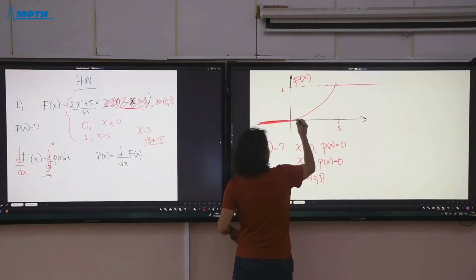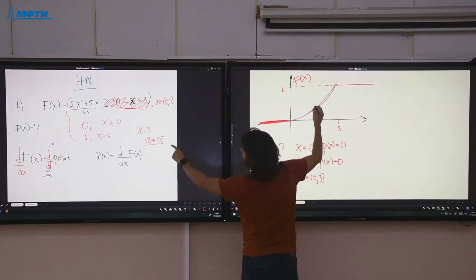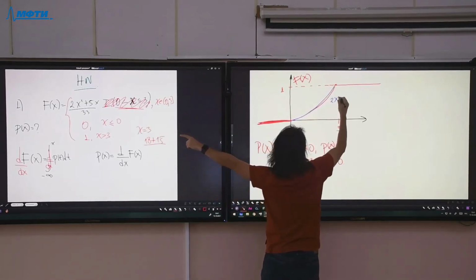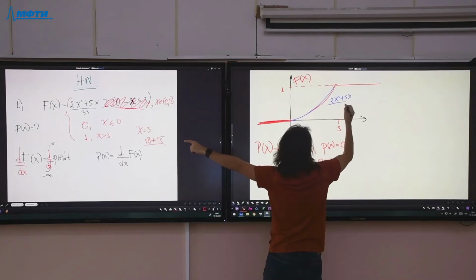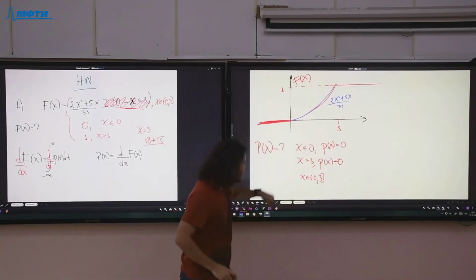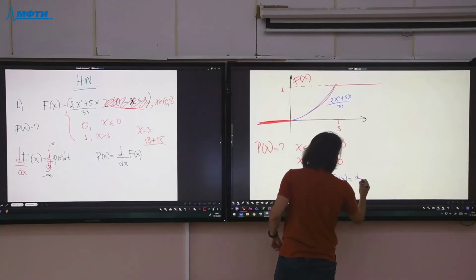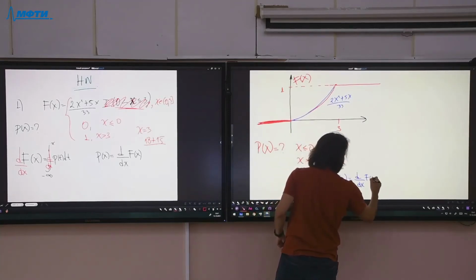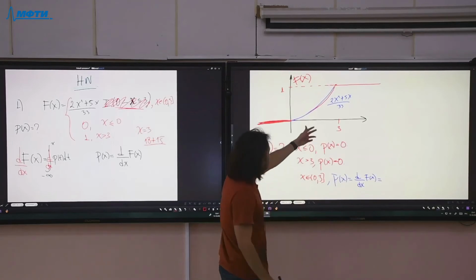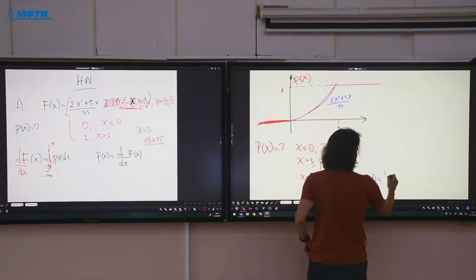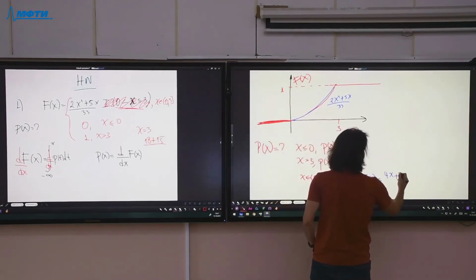And we know that this function is 2x squared plus 5x over 33. So in this case, p of x is just the derivative of f of x. So 4x plus 5 over 33.